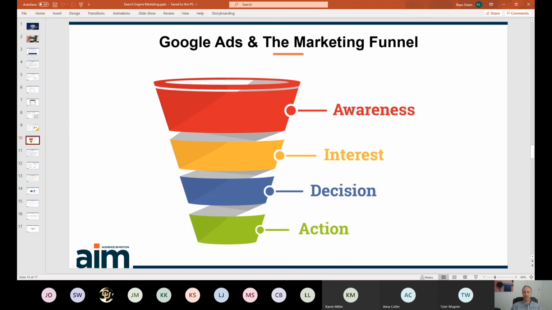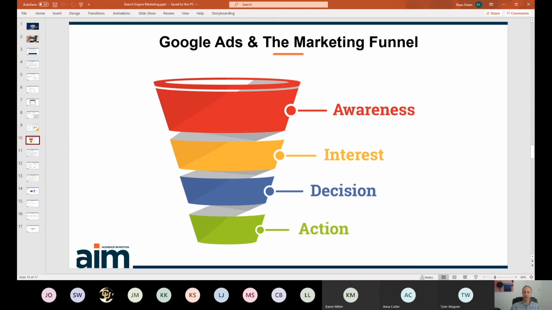So where do Google Ads fall in the marketing funnel? Google Ads is going to be near the bottom of the funnel, as close to the bottom as any marketing tactic. It's right there in the decision and action piece of the funnel, because people are literally searching to take action at that time.